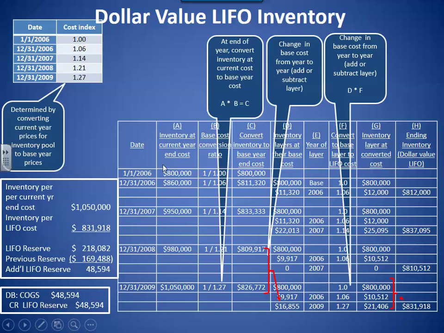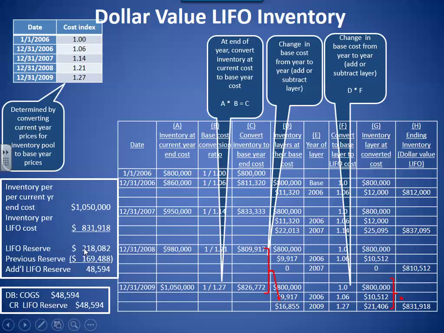Again, we take the inventory at current cost, which is $1,050,000, and subtract our inventory at LIFO cost to arrive at our LIFO reserve. In this case, the LIFO reserve has to be $218,082.